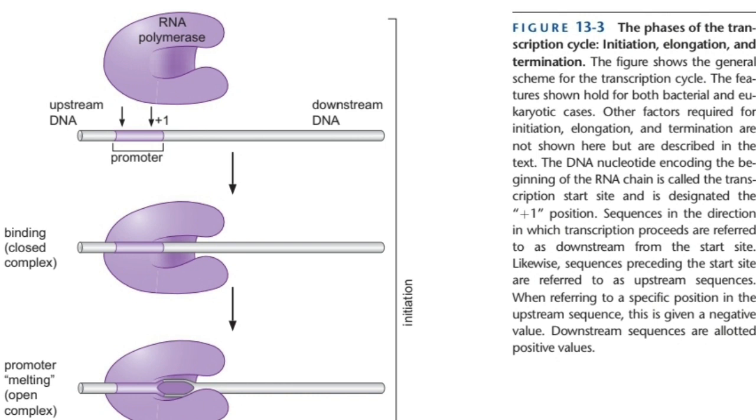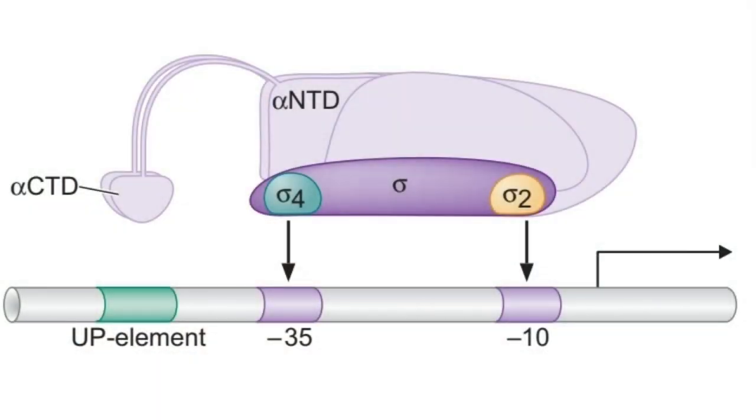And these different elements of the promoter are recognized by different regions of the sigma factor, as I have already discussed in my last video. So this is a very good picture.